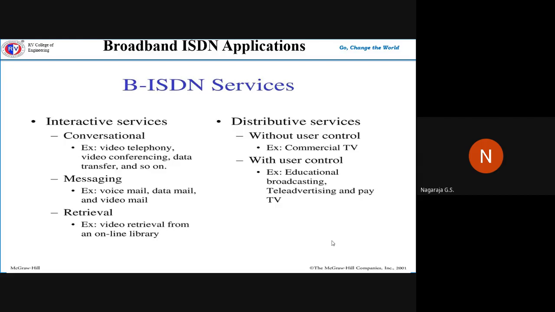Messaging: you can write voicemail, data mail, and video mail. Retrieval: video retrieval from an online library. On the other hand, we have distribution services without user control, such as commercial TV, and with user control, such as educational broadcasting, tele-advertising, and pay TV ads. So you can think over and talk about various examples related to BISDN services here.